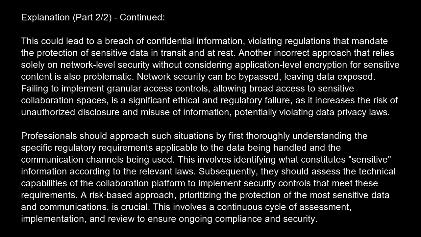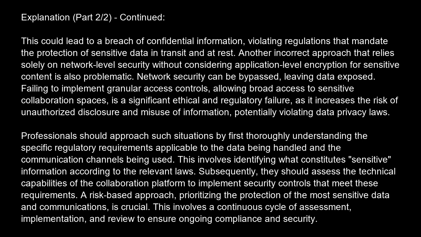Network security can be bypassed, leaving data exposed. Failing to implement granular access controls, allowing broad access to sensitive collaboration spaces, is a significant ethical and regulatory failure, as it increases the risk of unauthorized disclosure and misuse of information, potentially violating data privacy laws.